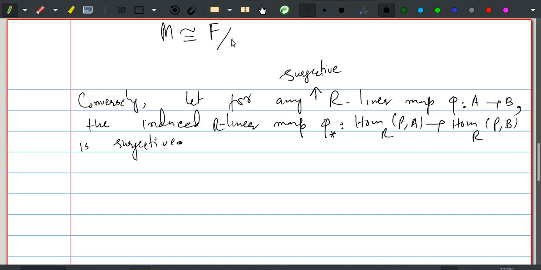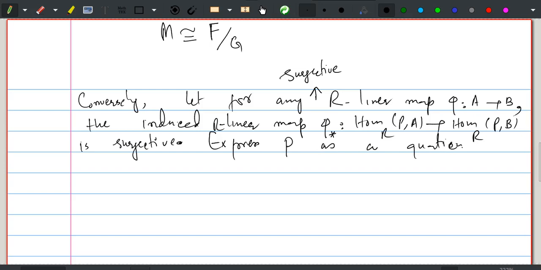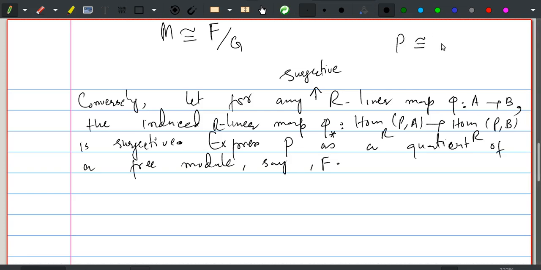Because P is an R module, we can express P as a quotient of a free module, say F. That means P will be isomorphic to F mod some submodule, say G.